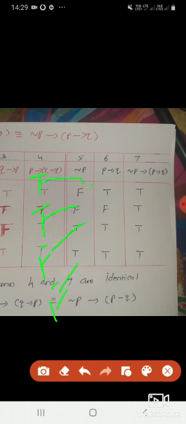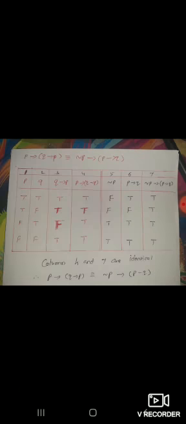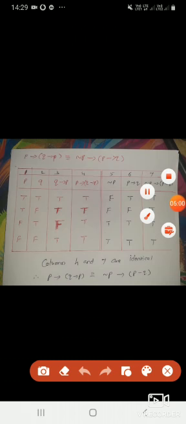Now P to Q: true to true is true, true to false is false, false to true is true, false to false is true. That is also completed.